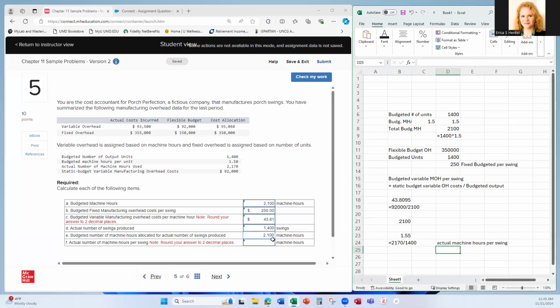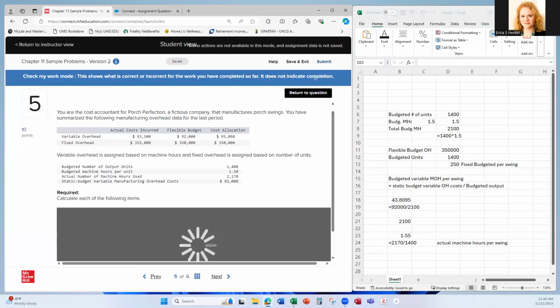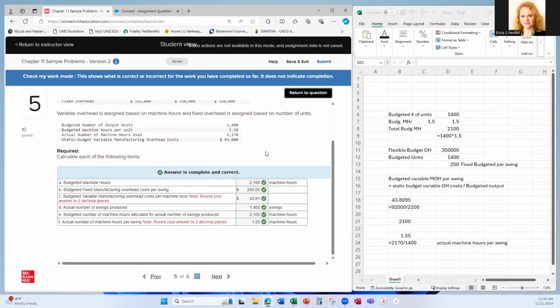So that gets us to 1.55. Okay, all right, so that's actually it for number 5.